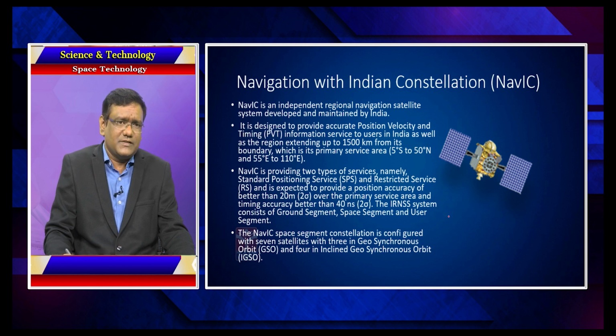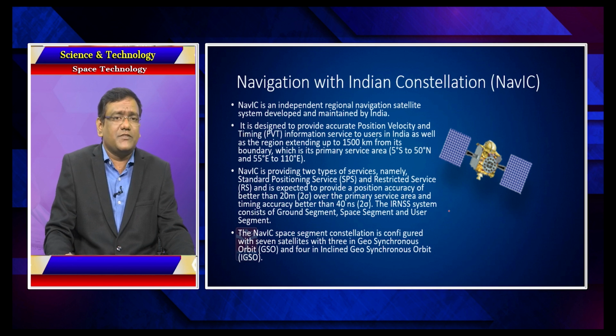This NAVIC is providing two types of services, namely the standard positioning service, that is SPS, and the restricted service, and this restricted service is used for military and navy purposes. It is expected to provide a position accuracy of better than 20 meters over the primary service area, and a timing accuracy of better than 40 ns.